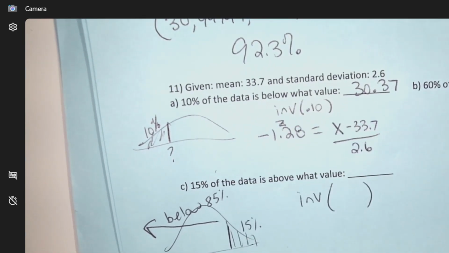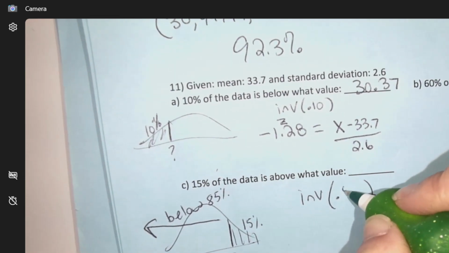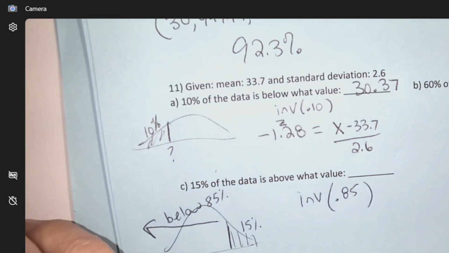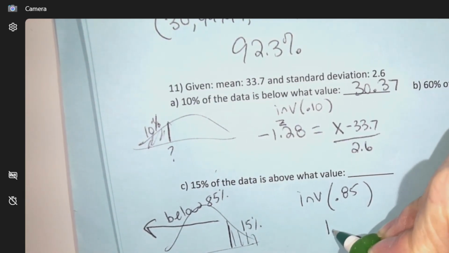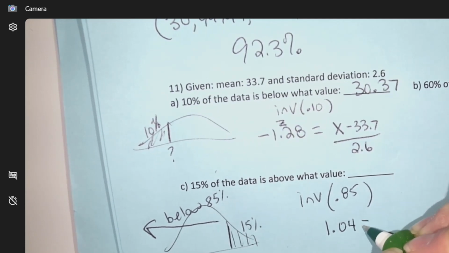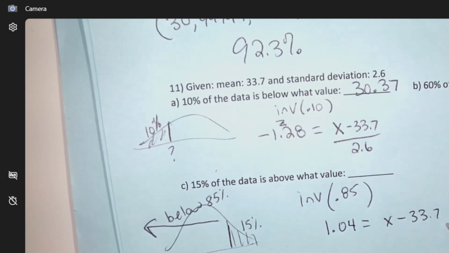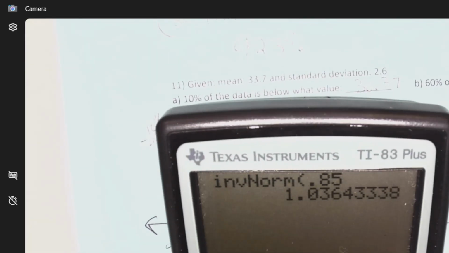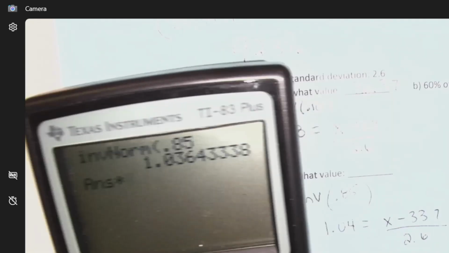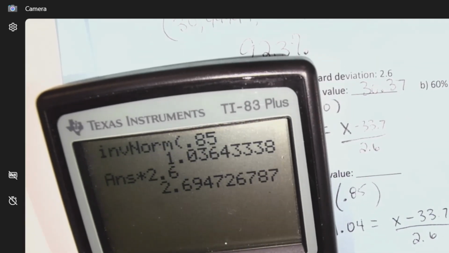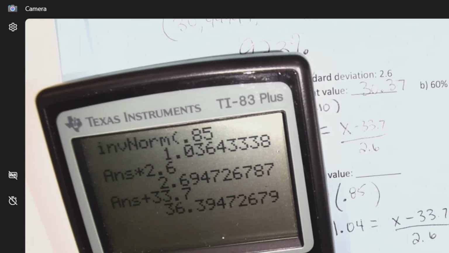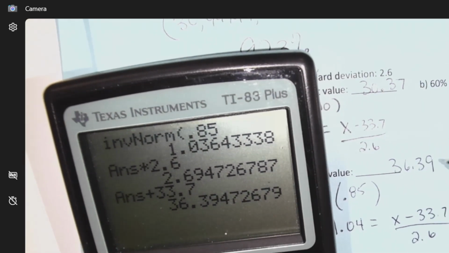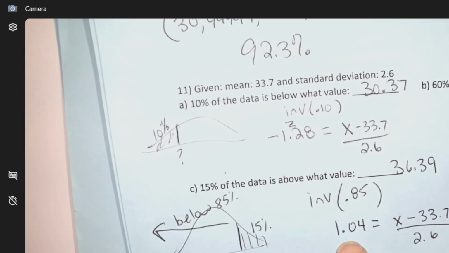Would 85% be below me? So I'm going to go 0.85. Okay, that gets me a Z-score, times and add. Z-score on my calculator times add.